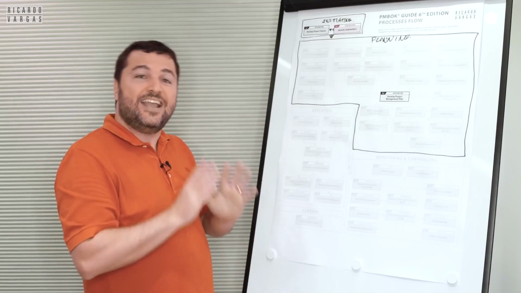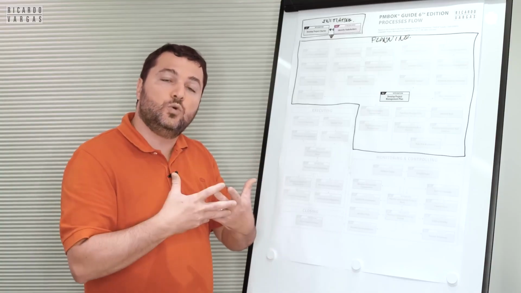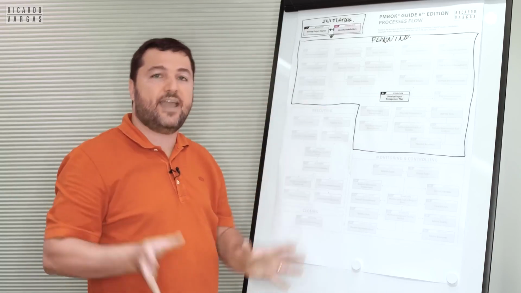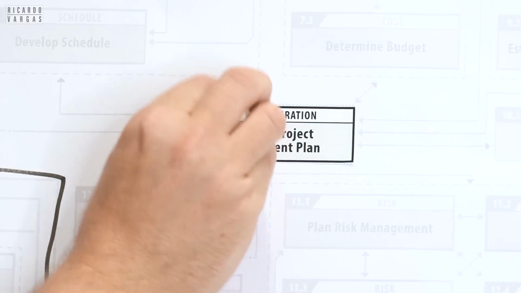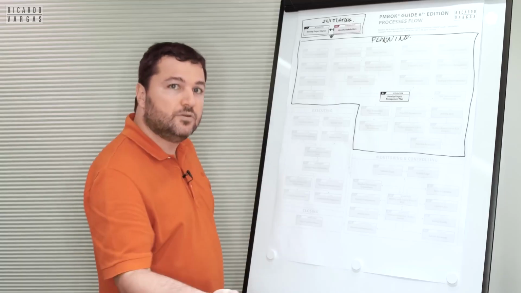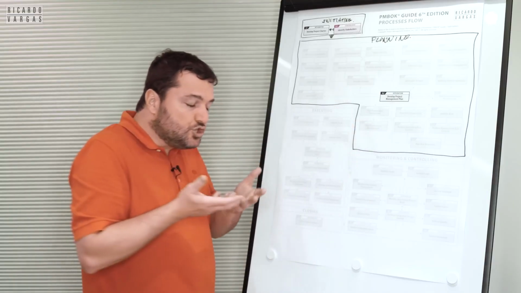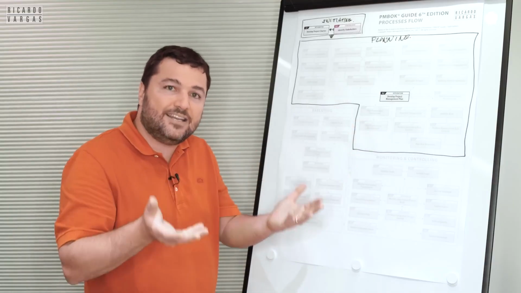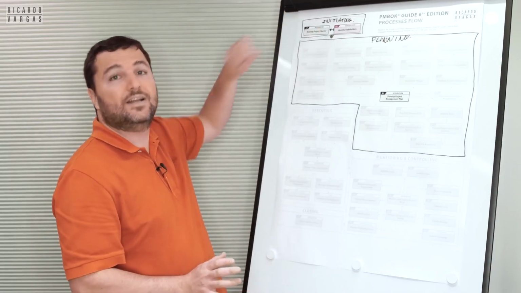Integration only exists to be the glue that connects the other 9 areas. That's it. Integration exists to avoid that scope overrules risk, or risk overrules cost. So the integration is to make sure that everything is balanced, producing the benefit of the project and the results you want here.